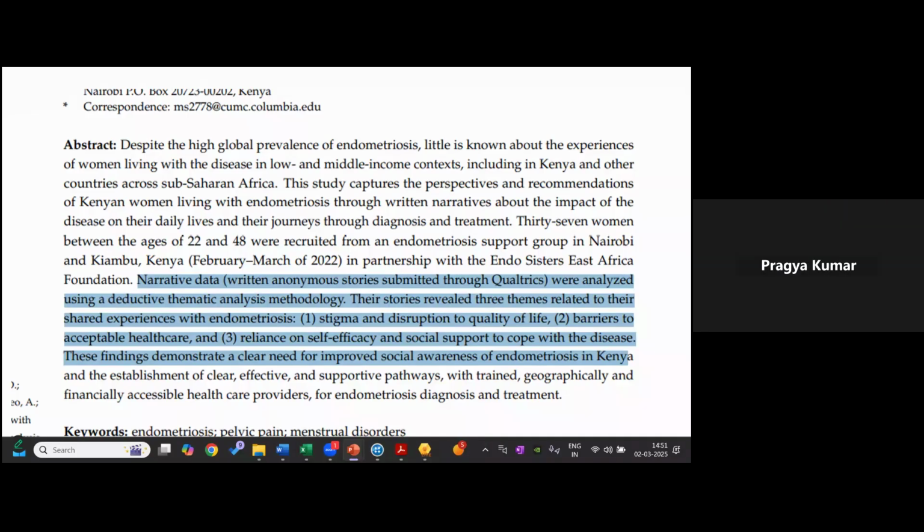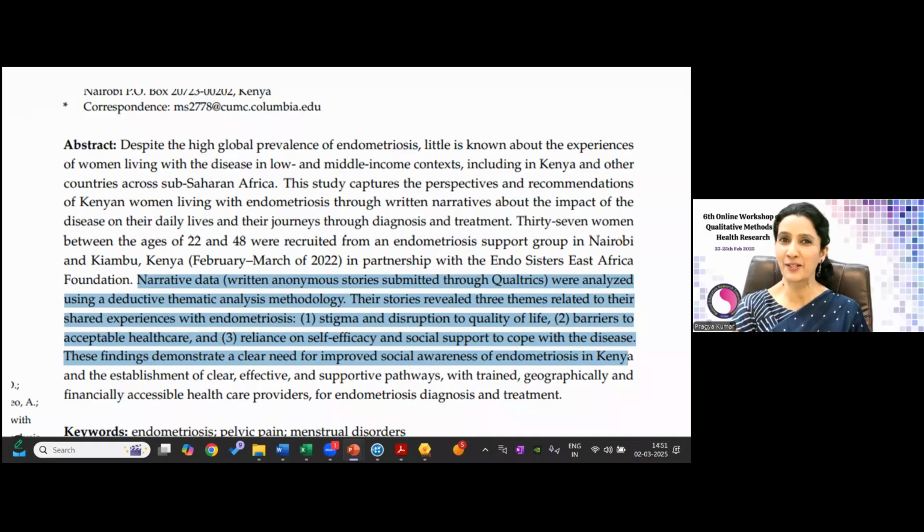Yeah, I got your point. Again, in phenomenology, you are trying to ask about the lived experience of a person, but the way you approach the data is different, and generally it is not communicated in the form of a story. If you see, phenomenological analysis is also done in the form of a thematic framework. I could say this is a phenomenological analysis which they have written like narrative data.